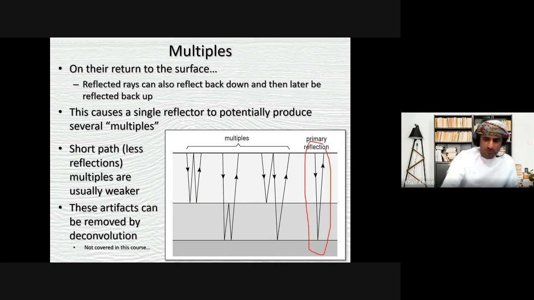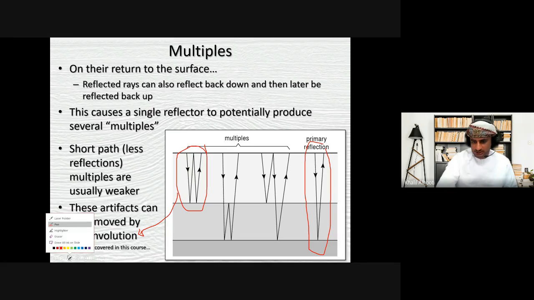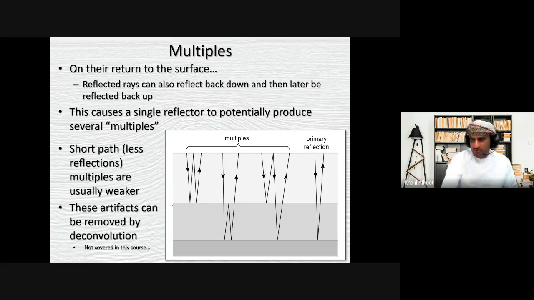Multiples can be removed with different techniques. One of the techniques, especially which can remove this type of multiple, is called deconvolution. But we'll not cover that in this course. It needs a lot of math, and we'll not go into detail in math. Deconvolution is a process which can help to remove multiples.